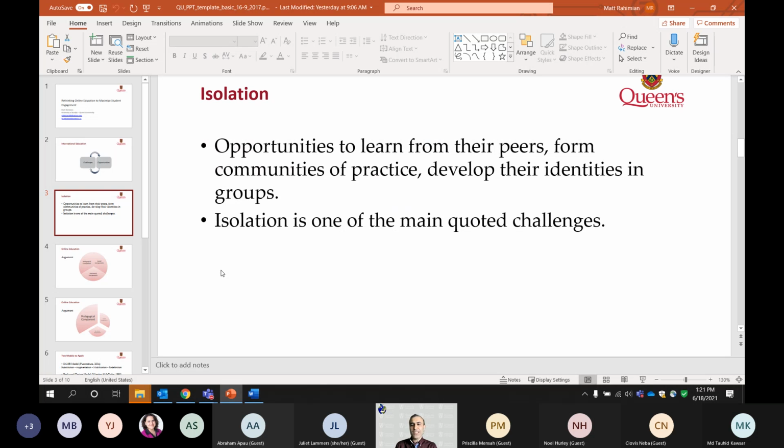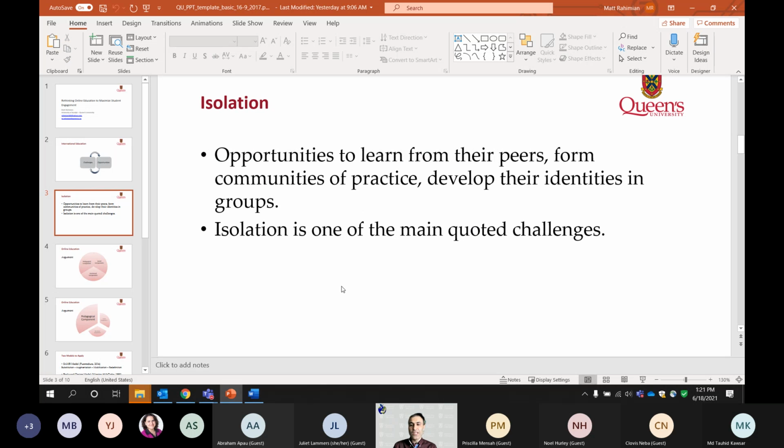So some of the opportunities of international education have been discussed over the past 40 years or so: learning from different instructors, studying in a different culture, sometimes learning a different language, interacting with people of different cultures. But the challenges are also big and they need consideration.